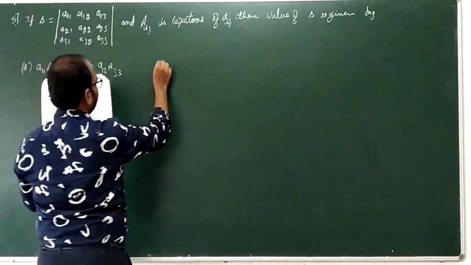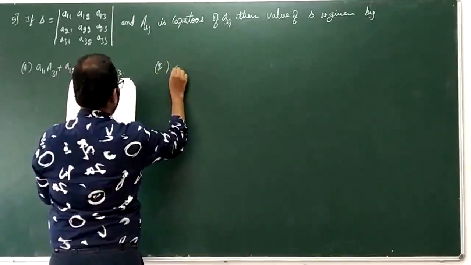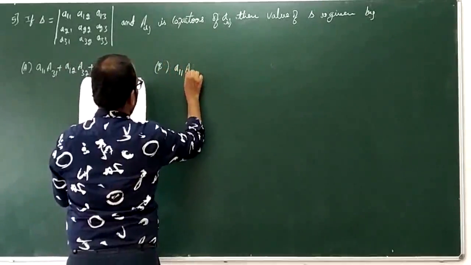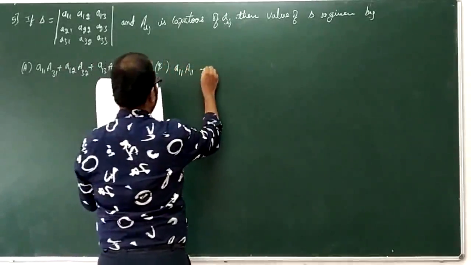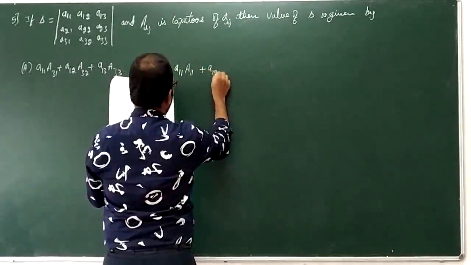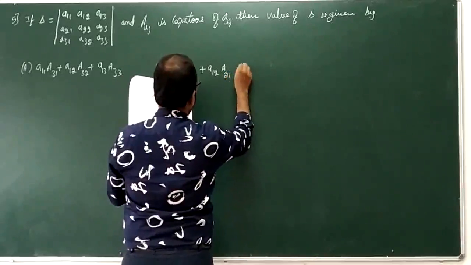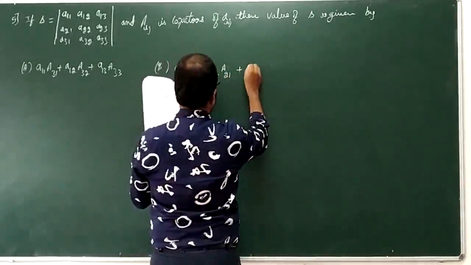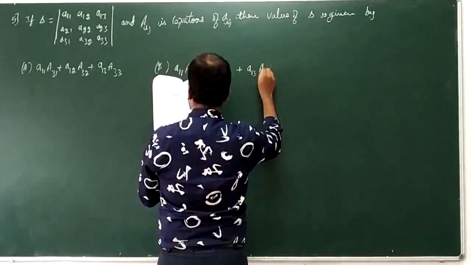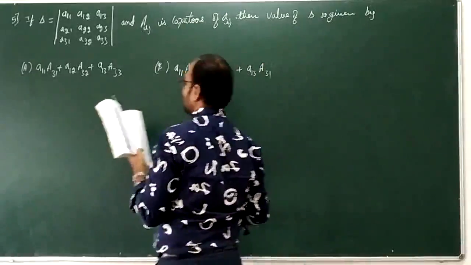Second option: a11 into cofactor of a11 plus a12 into cofactor of a21 plus a13 into cofactor of a31.